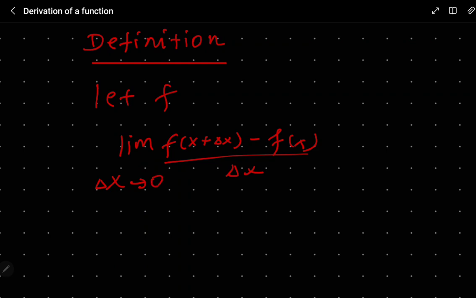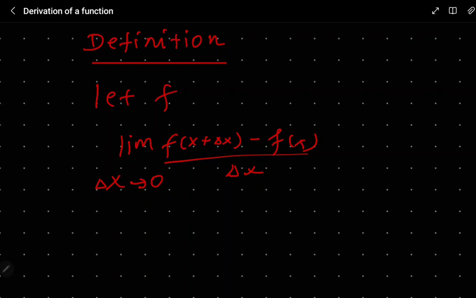Meaning it is an expression, maybe a constant, that tells us what would be the result on the function of that small change in x, as you make the change in x very small.